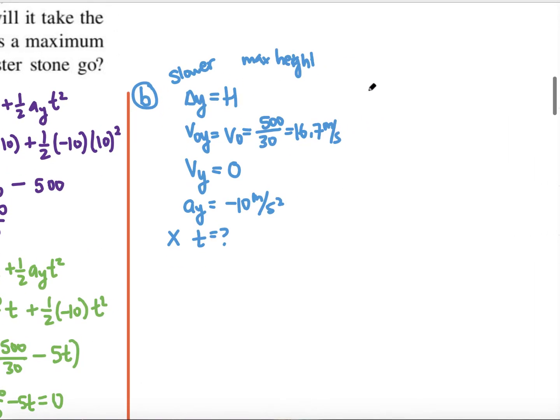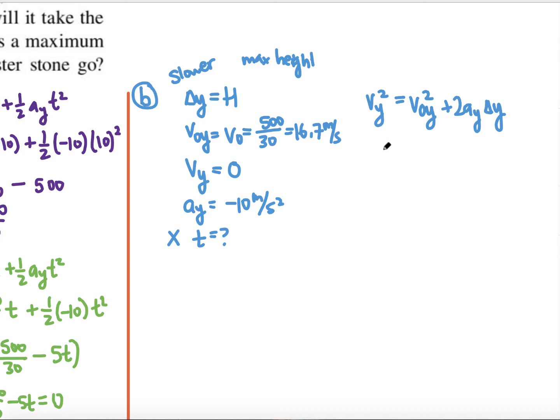So now let's go back to that third kinematic equation. Vy squared equals v naught y squared plus 2 acceleration times delta y. So what are we going to get from this information?